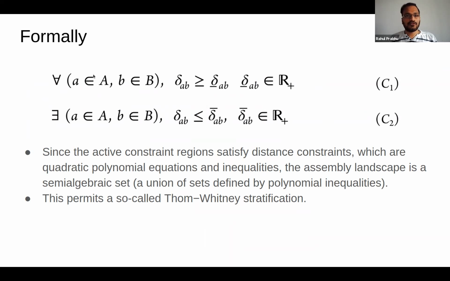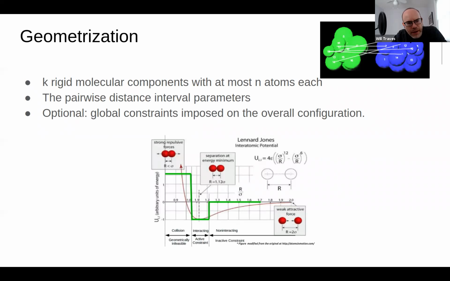So I can formally reduce this to. Sorry, Rahul, could you just go back to that picture? Yeah, this one. Are we assuming that the blue atoms are part of a molecule that's rigid? Yes. Okay. So the blue and green we're assuming are rigid objects, and we're trying to figure out how they configure with respect to each other. Good. Even if they have internal degrees of freedom, we can deal with it.